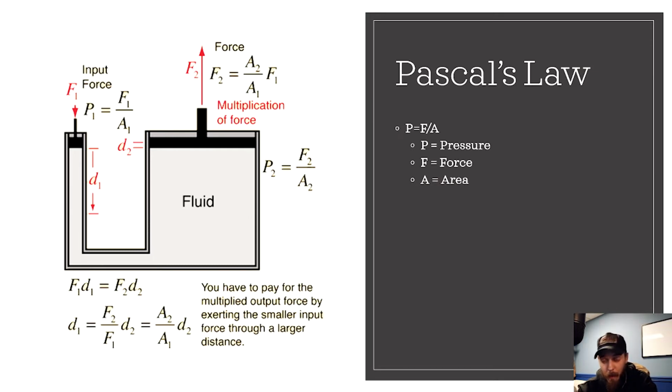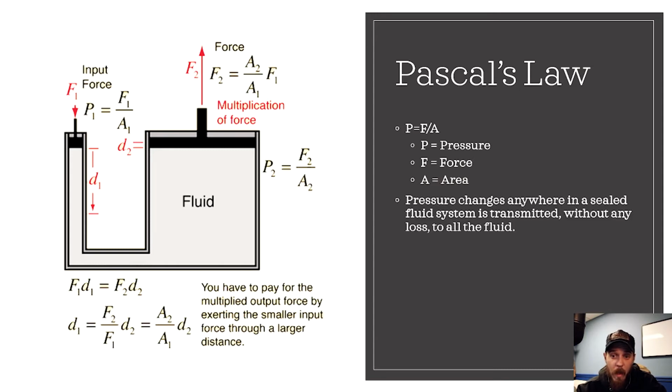So if we increase our pressure and we retain the same area, what's going to have to happen to the force? We're going to have to increase the force to increase the pressure if we're working on the same area. There's a few of those, and we'll break that down in its own separate lesson, but it works much the same way as Ohm's law does, just using different variables and different concepts.